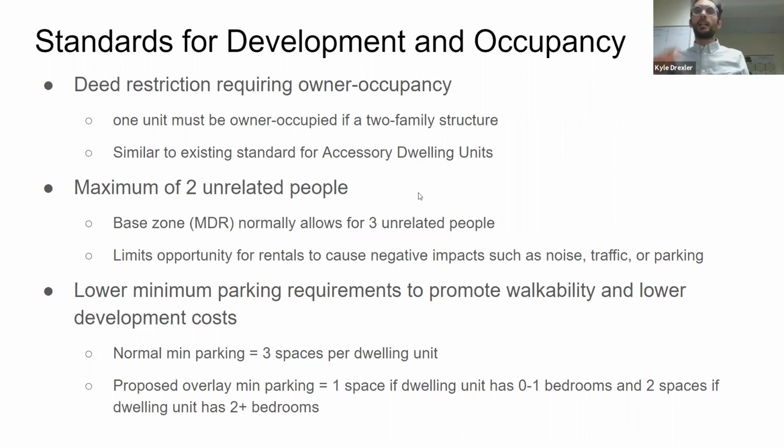This wasn't meant to just be a way to allow higher density rental opportunities or allow conversions of owner-occupied homes into rentals. It was really meant to provide more owner-occupied housing, but at the same time, as a side effect, it does allow for the potential of some more rental opportunities.